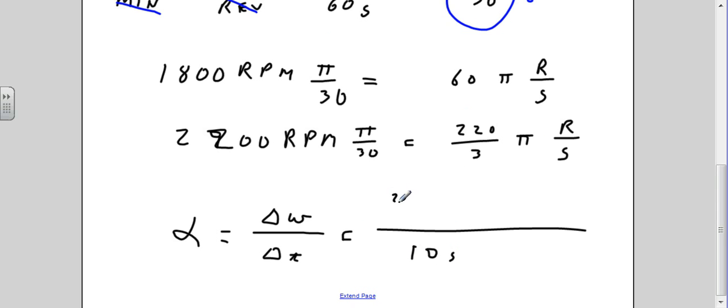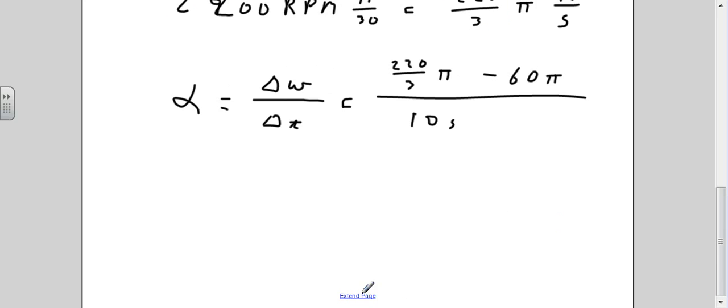We have 220 over 3 pi minus 60 pi divided by 10. And when we get done, we know our answer has to be in radians per second squared, because alpha is acceleration, and acceleration is per second squared.